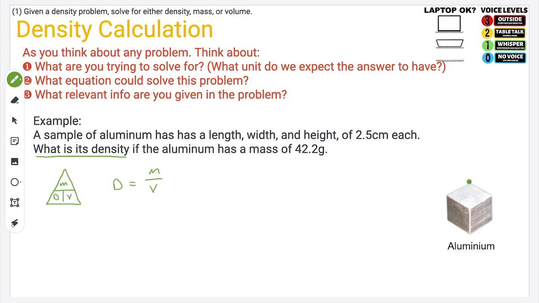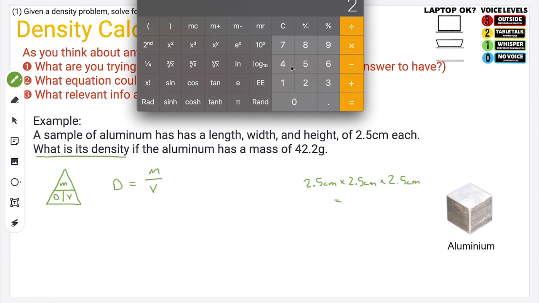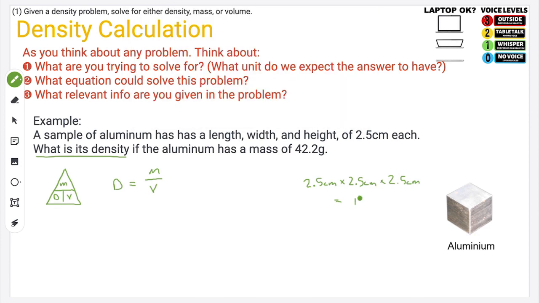So I'm just going to write 2.5 centimeters times 2.5 centimeters times 2.5 centimeters. This is just scratch work. Equals, what's our volume? Let me pull out my calculator. 15.625. And this is going to be centimeters cubed.